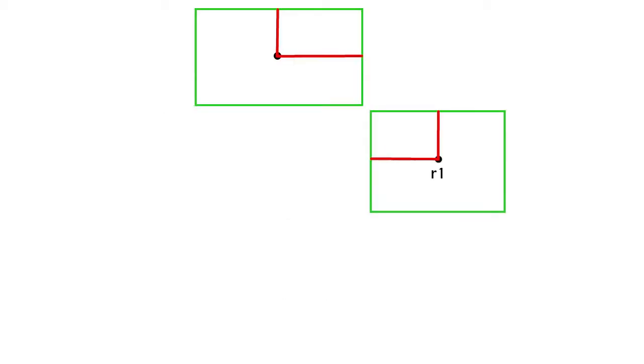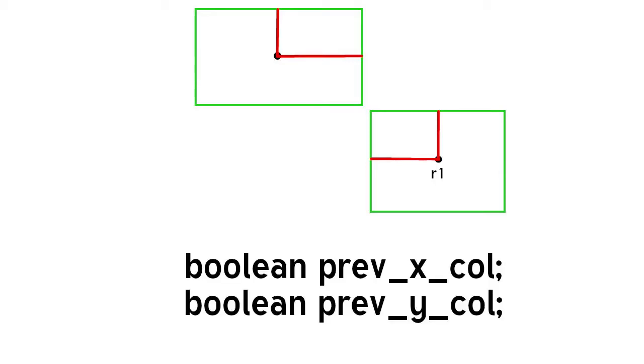Now, let's collide R1 to another rectangle, but before we enter the complete collision state, we need to get the incomplete collision state of xCollide and yCollide. Create boolean variables that will hold xCollide and yCollide values before the two rectangles enter a complete collision. Let's name them prevXCol and prevYCol.